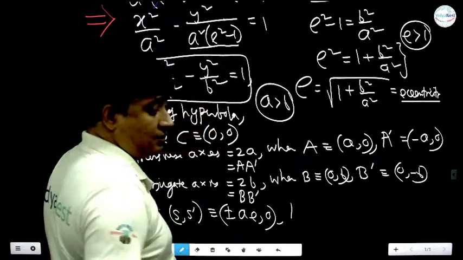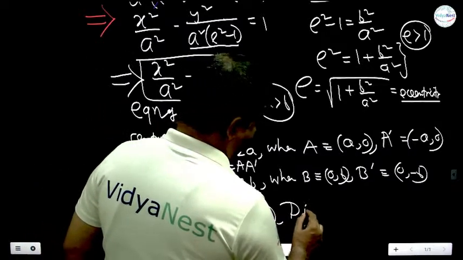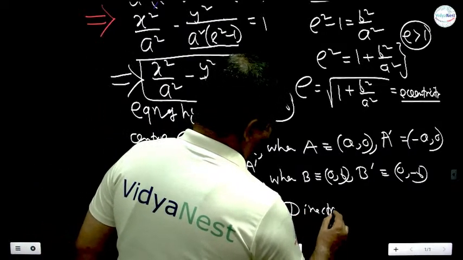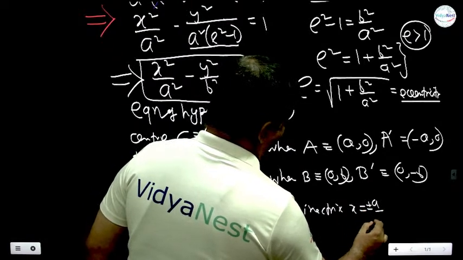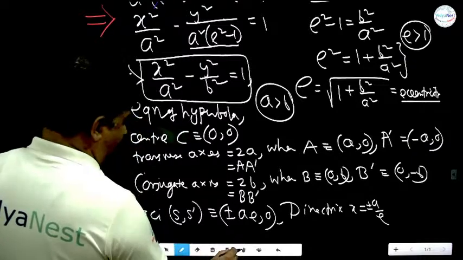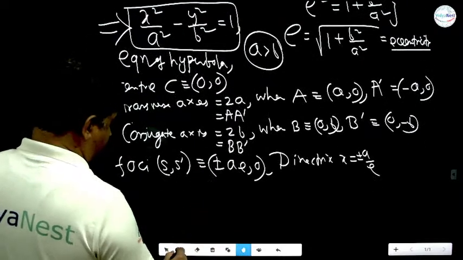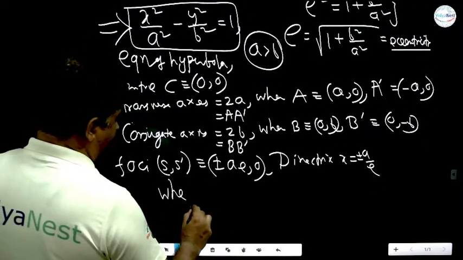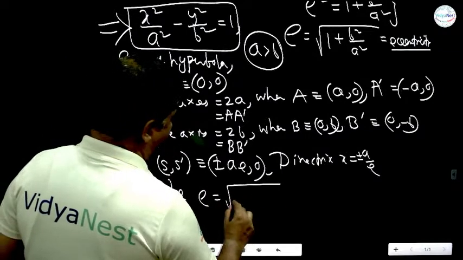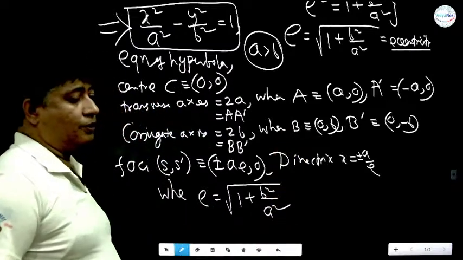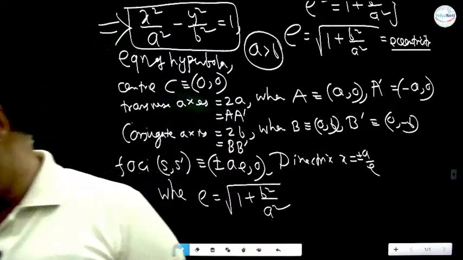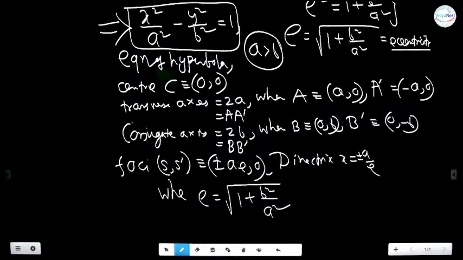Directrix, two directrices, x is equal to plus minus a by e, where e is equal to root over 1 plus b square by a square. Okay, that is the primary thing of hyperbola.